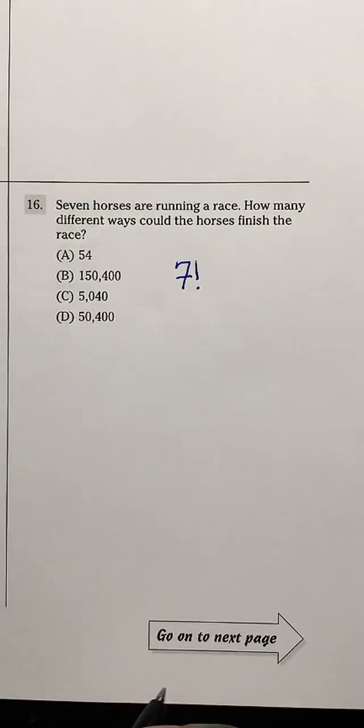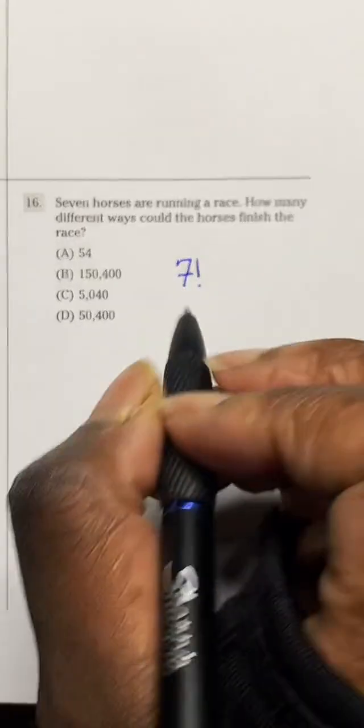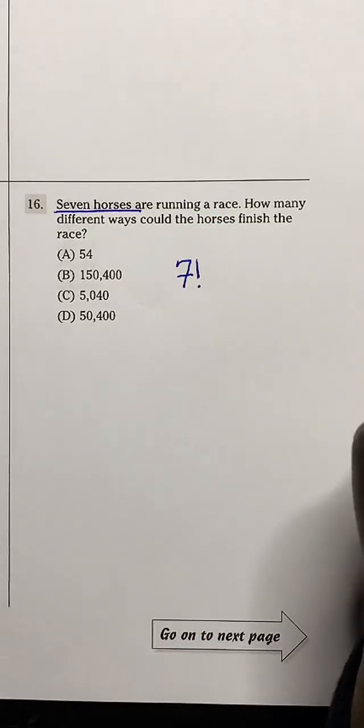But we have to remember order. If they're running a race, that means order is important.